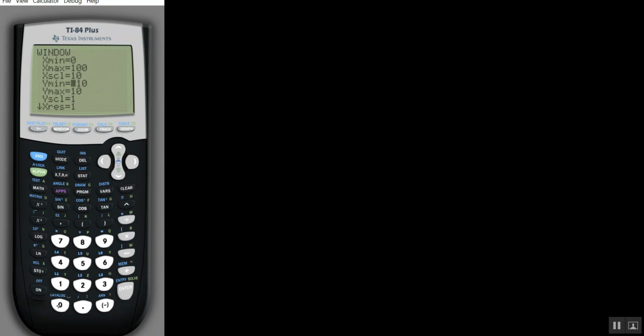So I'm going to put the minimum y value at 0, because hopefully we don't have an average cost that's negative. As for the y max value, we are trying to compare the average cost to 130, so I'm going to go a little bit higher, maybe to 150, and then do the y scaling at 10 as well. Go ahead and hit graph.